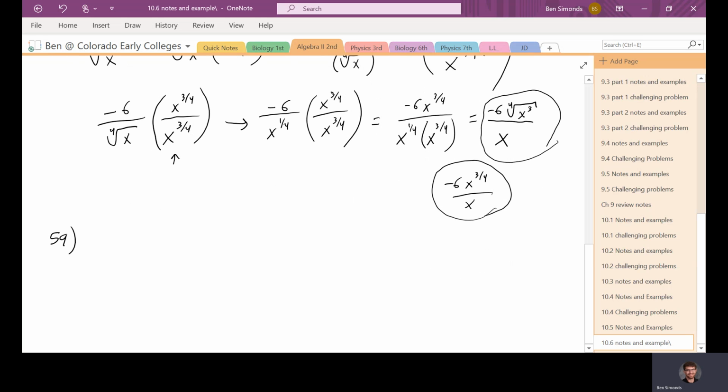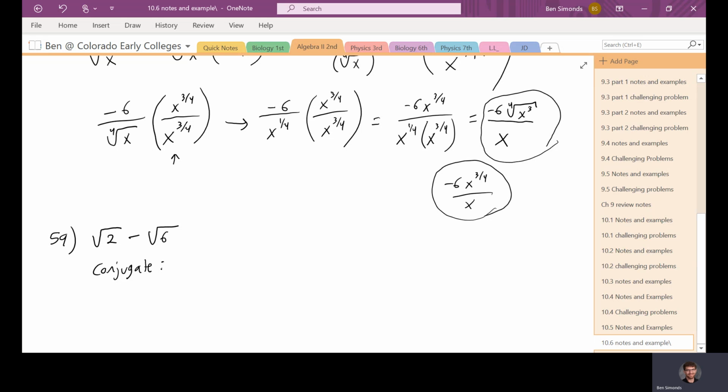59 says, what is the conjugate? So that's the topic we talked about yesterday, right? Conjugate is when you have some sort of radical expression added or subtracted. So in number 59, we've got the square root of 2 minus the square root of 6. The conjugate is the same phrase, but with the opposite sign.